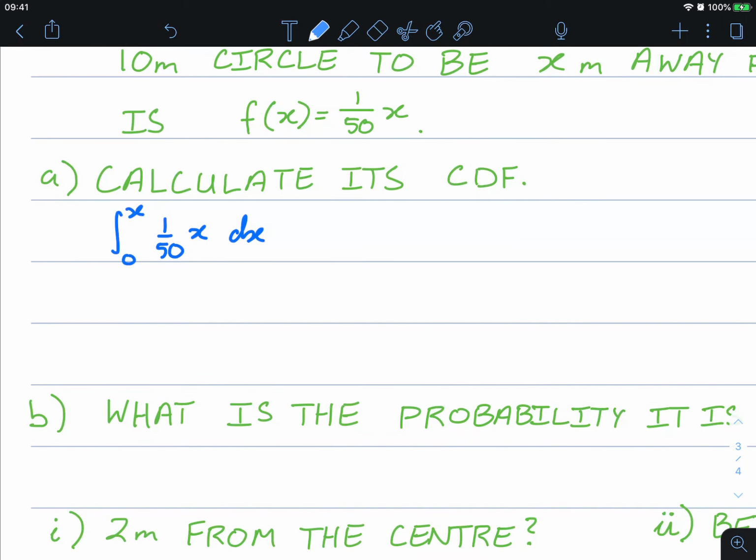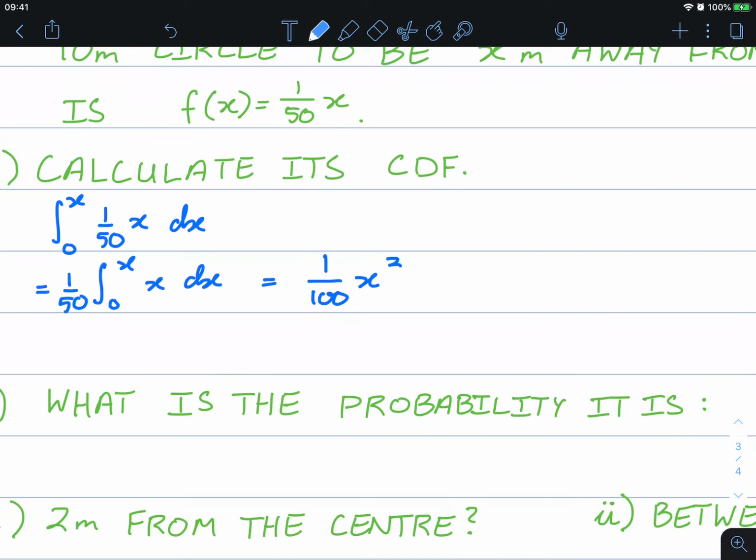Integrating this, I'm going to factorize the 1 on 50 out: 1 on 50, 0 to x of x dx. This is equal to 1 on 100 x squared from 0 to x. Well, that just gives us 1 on 100 x squared. So this here is our CDF.